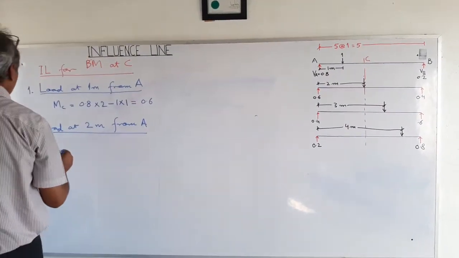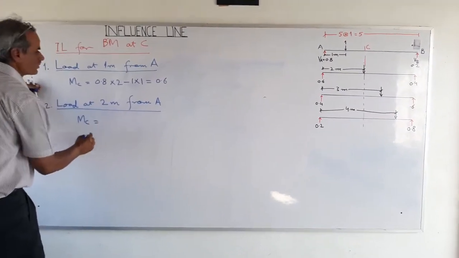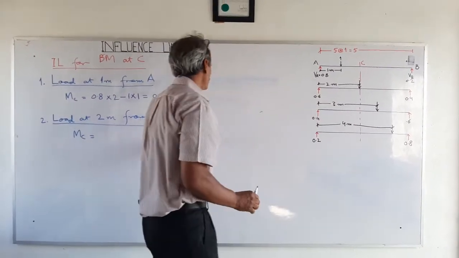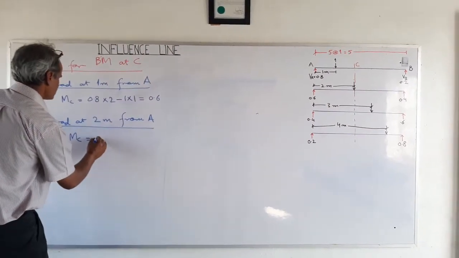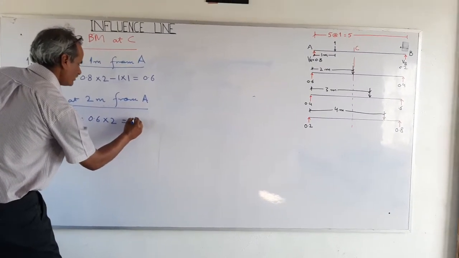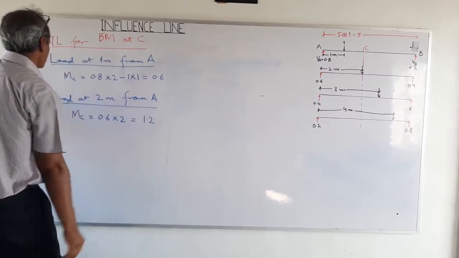So MC, that is moment at C, in second case shall be equal to the transverse force 0.6 into 2, is equal to 1.2 whatsoever the units are.